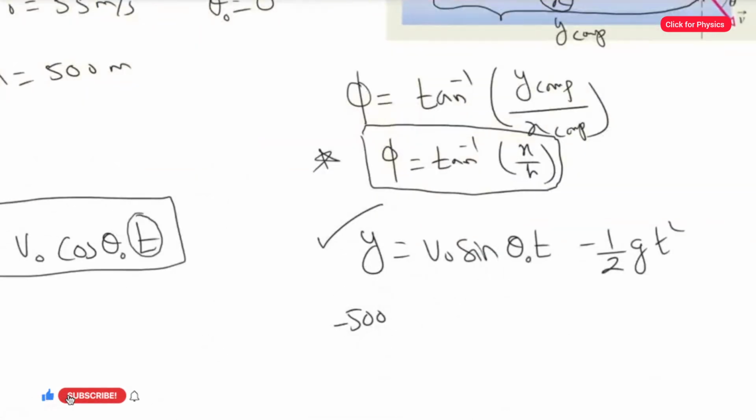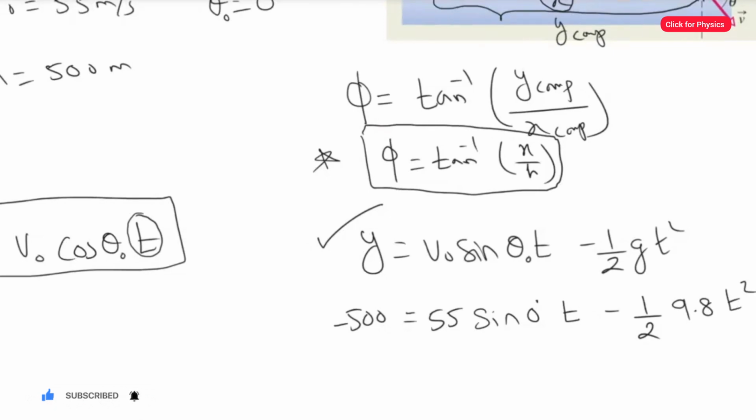And we also have the initial speed, which is 55 meters per second, the aeroplane's initial speed. So 55 meters per second multiplied by sine of 0 degrees multiplied by t, minus half g, where g is 9.8, times t squared. Now sine of 0 degrees is 0, so anything multiplied by 0 is 0, so this term will be discarded.